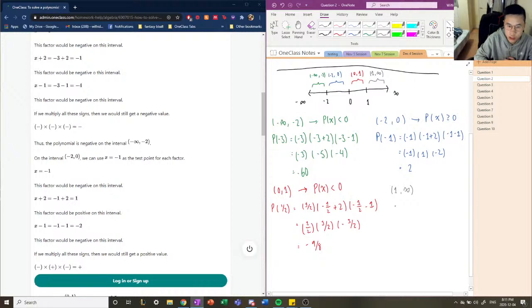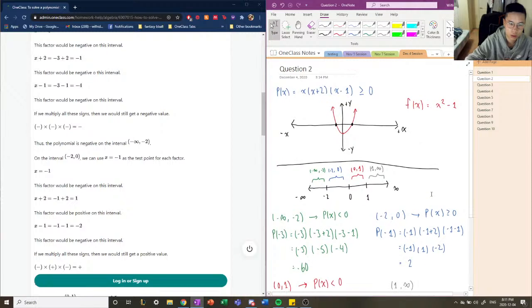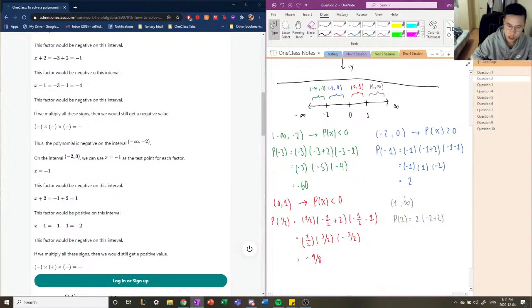So we're going to use 2, for example. So p of 2 is equal to 2 times (2 plus 2) times (2 minus 1). Hold up, sorry. I don't know why I wrote a half here. This should not be negative there.